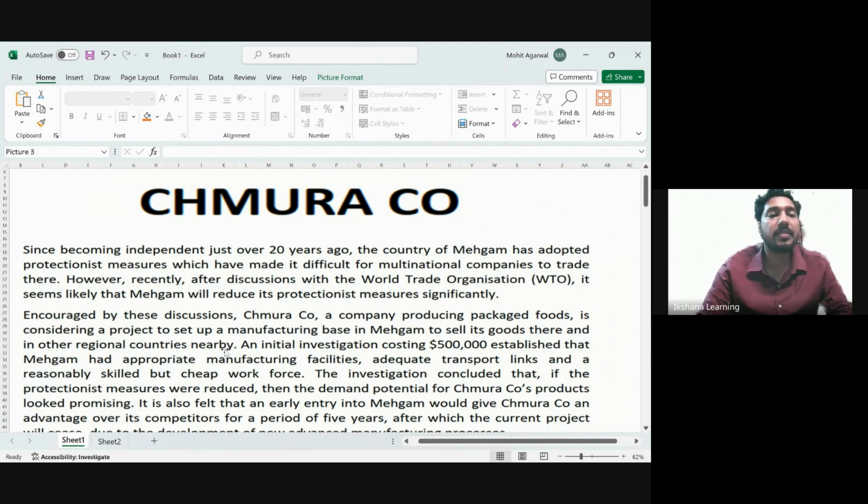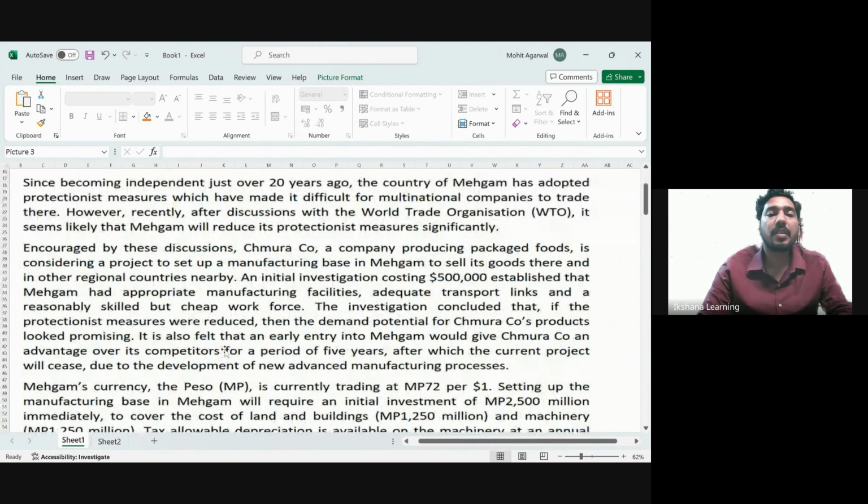Encouraged by this, Chimura company, a company producing packaged food, is considering a project to set up a manufacturing base in Megam to sell food there and in other regional countries nearby. So we know this is a typical international investment appraisal question, where one company is opening a branch in a different country.